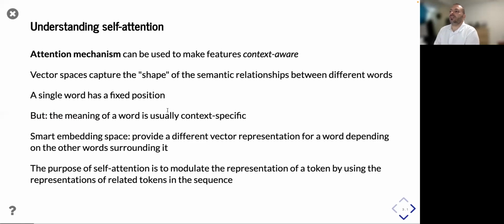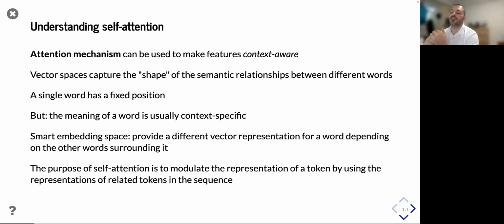So let's understand the self-attention mechanism. The idea is that this mechanism can be used in order to make features that are context aware. So the idea is to produce some vector space which captures the shape of the semantic relationships between the different words.